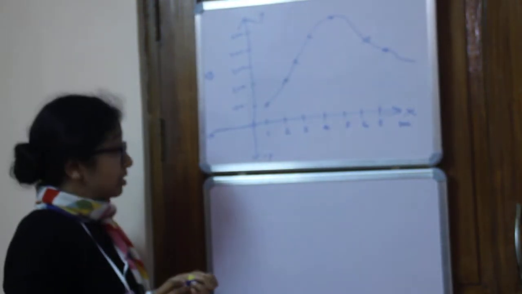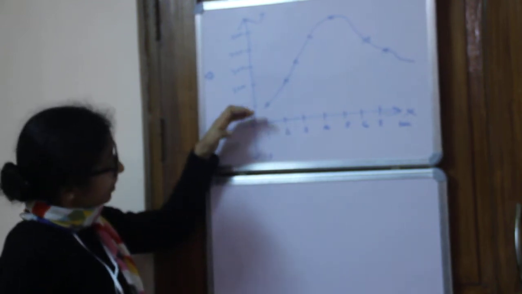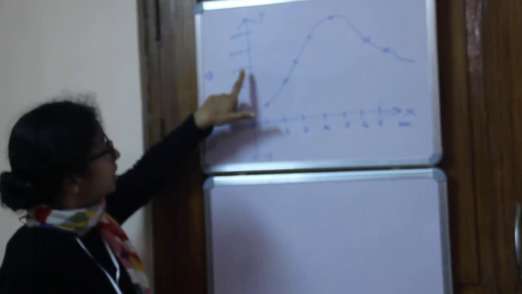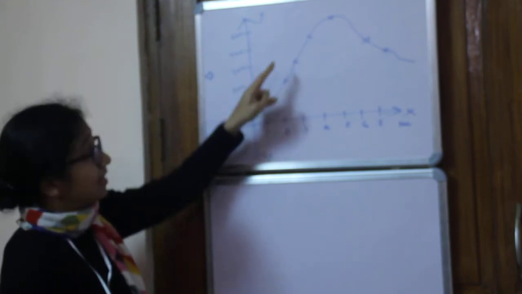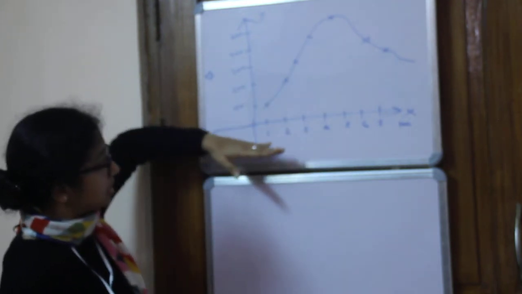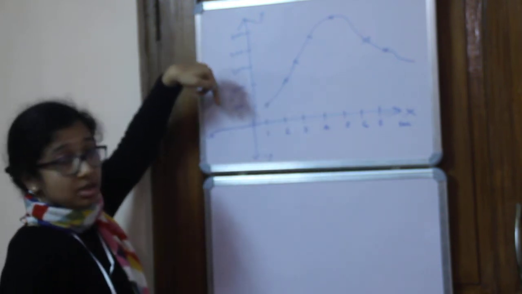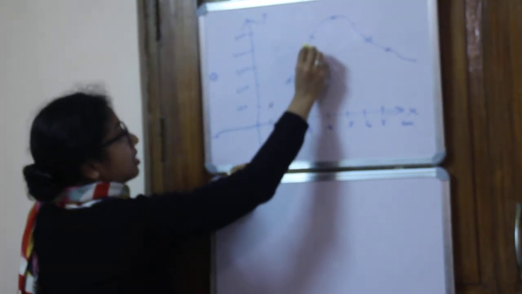Suppose we have done one experiment and you see at 1 second you get 100 hertz, at 2 seconds you get 200 hertz, and at 3 seconds you get 300. Like that, as you increase the seconds, you get different frequencies, and these are called data points. Each point is called a data point.